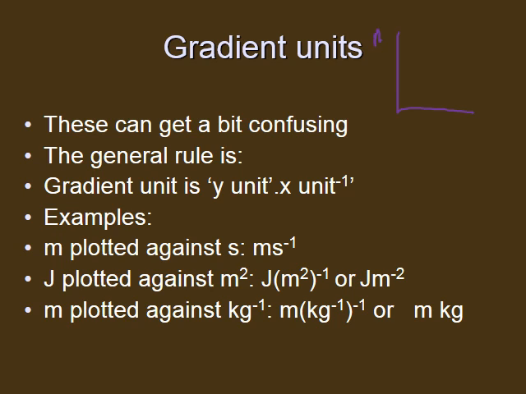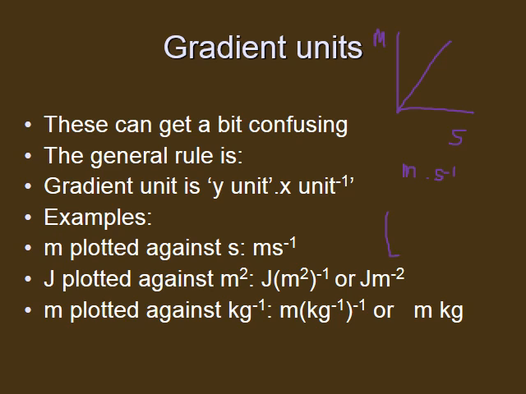Okay, so if we do a plot of meters against seconds in a straight line, then the gradient will be, the units will be meters, which is the y unit, times the x unit, which is in seconds to the minus 1, which is meters per second, which makes sense because distance divided by time is velocity. So gradient would be velocity.